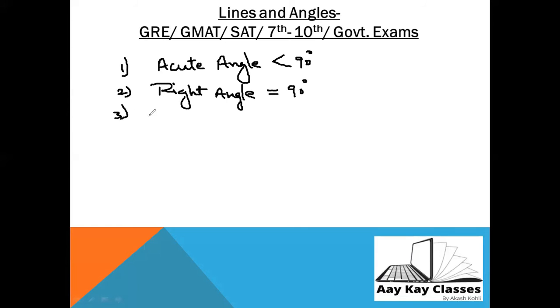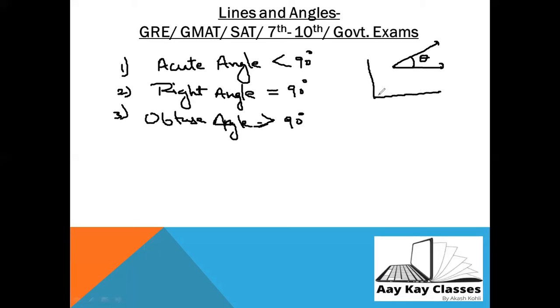The third one is obtuse angle, which is greater than 90 degrees. So if I draw this, I'll draw an acute angle like this. This is an acute angle.